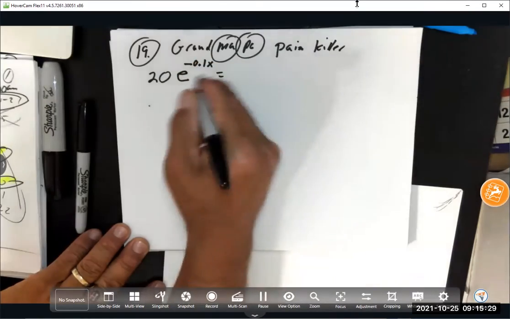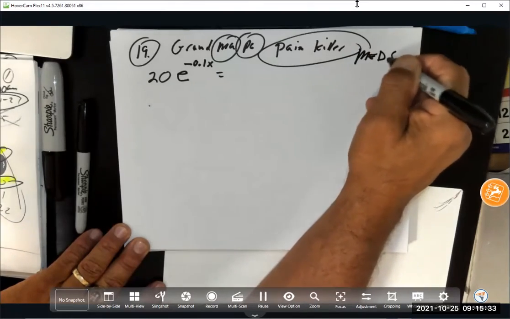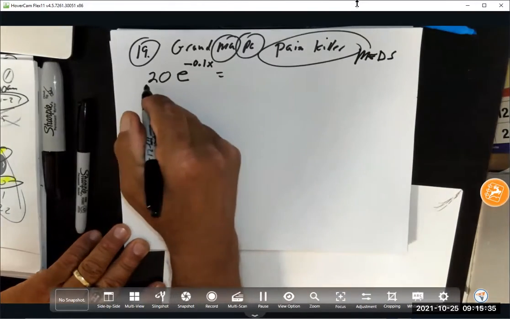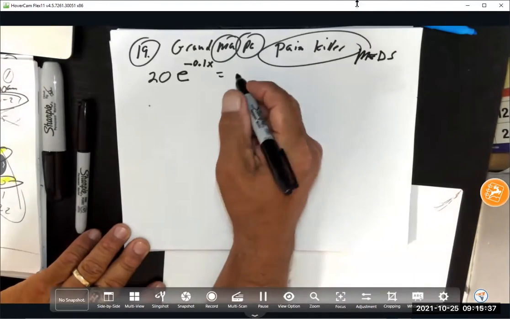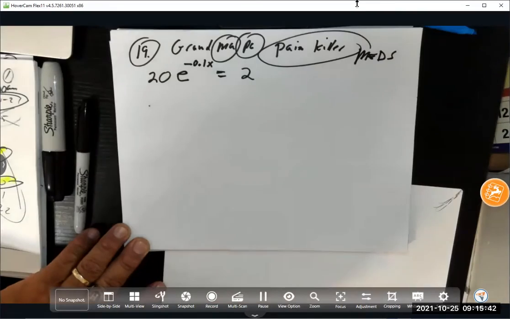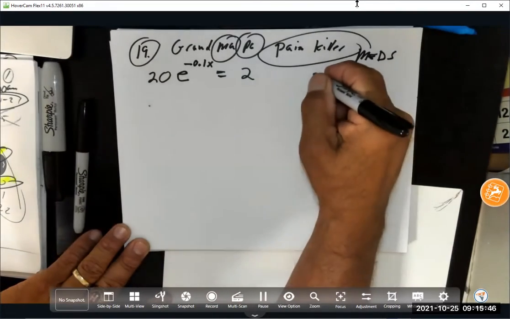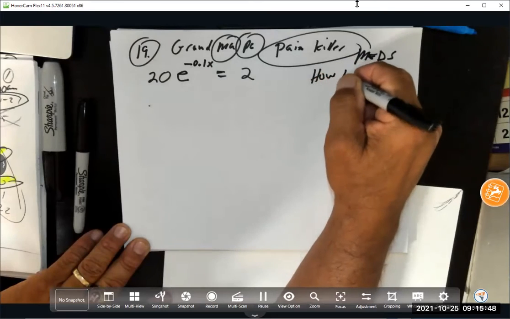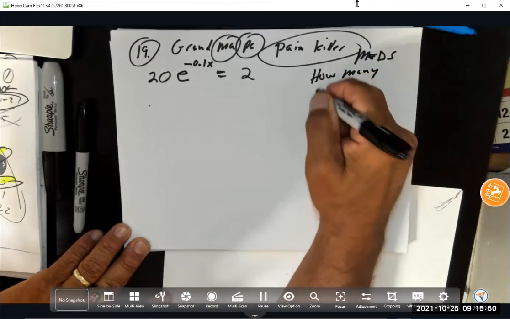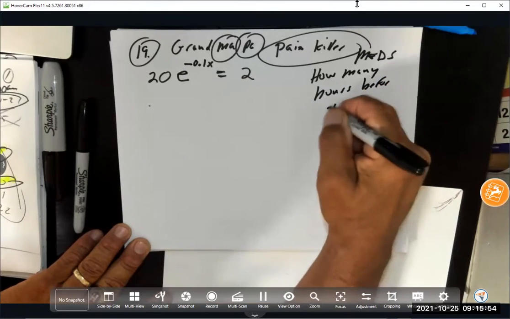So they put the painkiller meds in the body, but eventually it starts getting lower. When it goes to the level where there's only 2 milligrams left in their blood, their pain starts coming back. So here's the question for you: how many hours before they have to take it again?